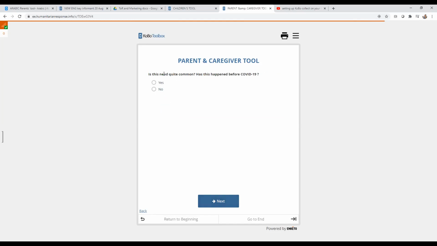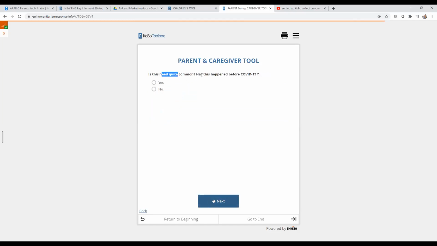Then we're still thinking about the need of the child. Is the need quite common, and has it happened before COVID-19? And the need, we're talking about what the child needs. So it could be healthcare, it could be school.